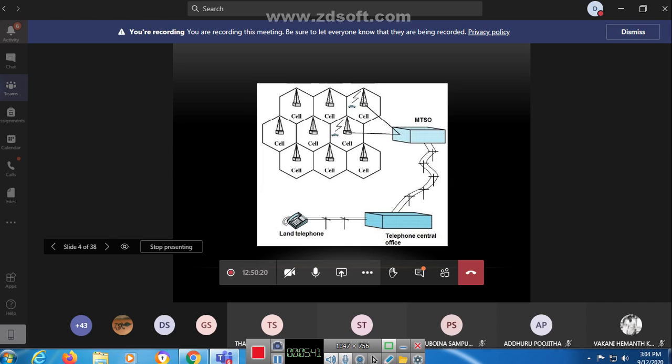That means we are using the same frequency from this cell to this cell, likewise from cell A to cell B. This we call the frequency reuse concept. Clear, all of you? Frequency reuse concept. This happens when the cells are near each other.